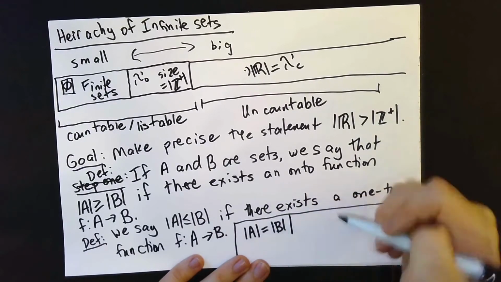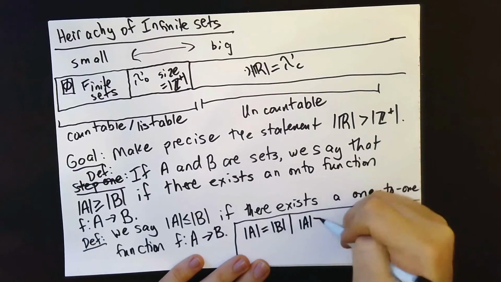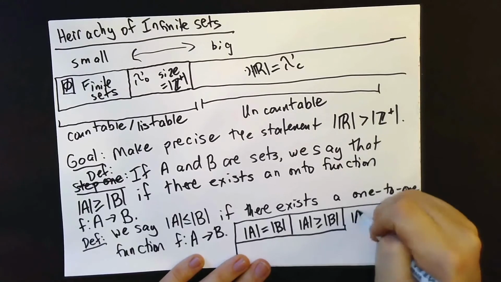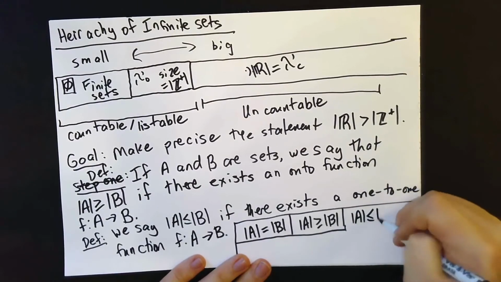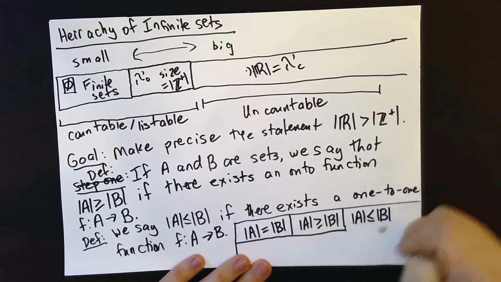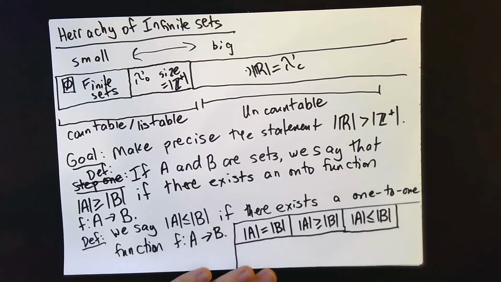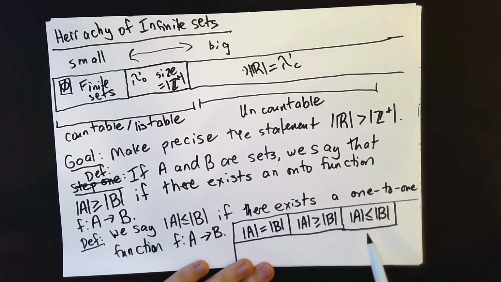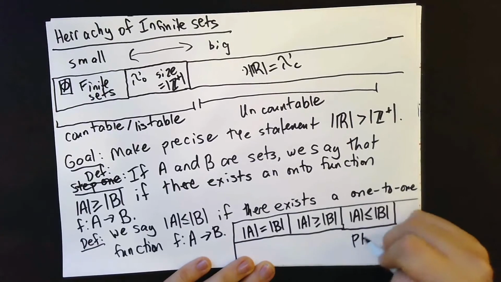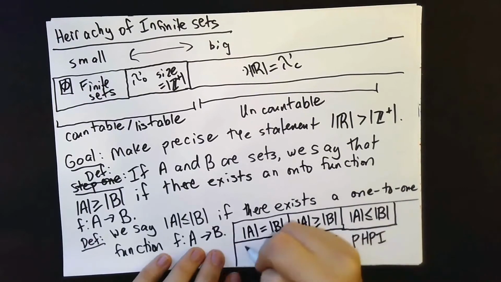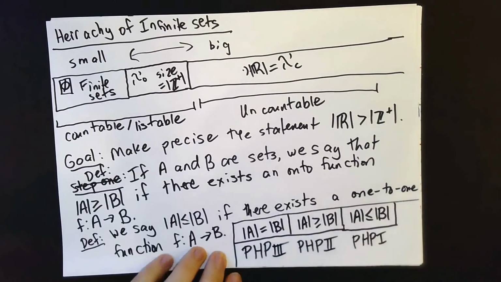The size of A is greater than or equal to the size of B means there's a surjection from A to B, or that is to say, an onto function from A to B. And to say the size of A is less than or equal to the size of B, that was to say that there is a one-to-one function from A to B. And all of these definitions are motivated by the first three parts of the pigeonhole principle. So this is what I call the pigeonhole principle part 1. And this is what we call the pigeonhole principle part 2. And this was the third one.